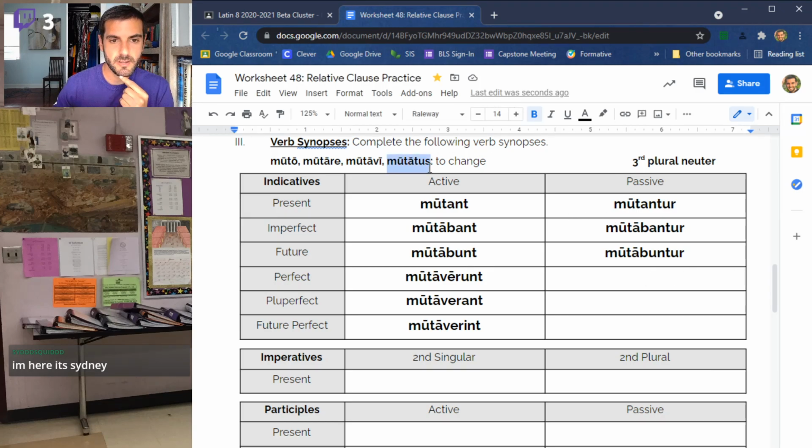Perfect passive, we got to use the fourth principal part. Now we got to start thinking plural and neuter. So mutatus is going to be mutata sunt, mutata erant, and mutata erunt.